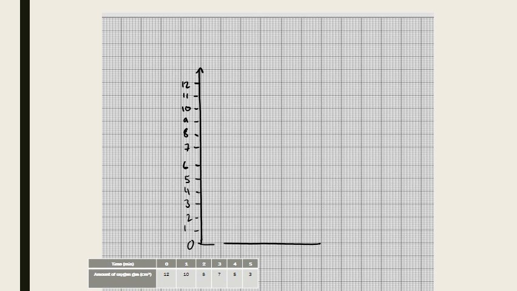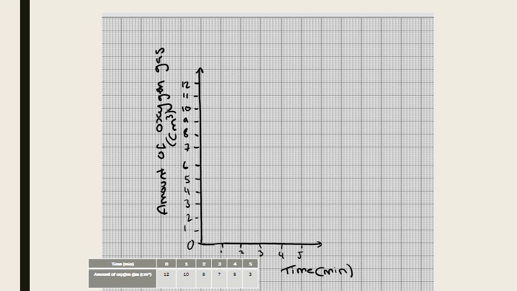Okay, so it's something like this. Okay, and 0, 1, 2, 3, 4, 5, also an arrow at the end. Now time is always on the x-axis, so time in minutes, and the amount of oxygen gas in centimeter cubed.